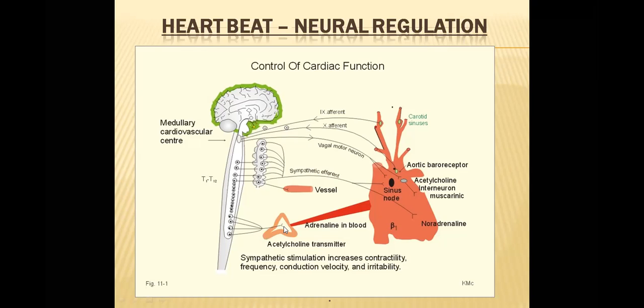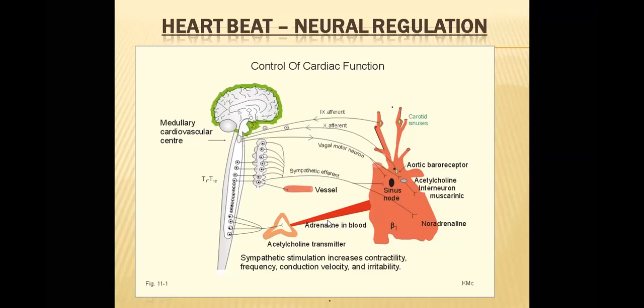From the adrenal glands, adrenaline hormone will be released. This adrenaline hormone is released into the blood circulation, and through blood circulation, it reaches the SA node and AV node. When it comes in contact with the SA node and AV node, it will increase the heartbeat rate.